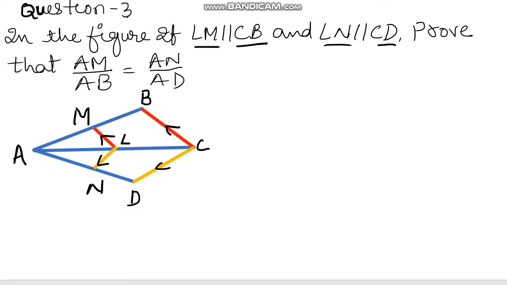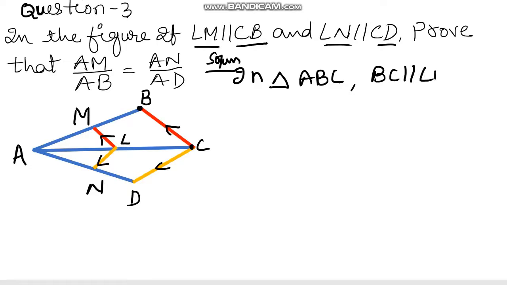Now let us go through first triangle ABC. So in triangle ABC, this is the solution. In triangle ABC, you have BC parallel LM.